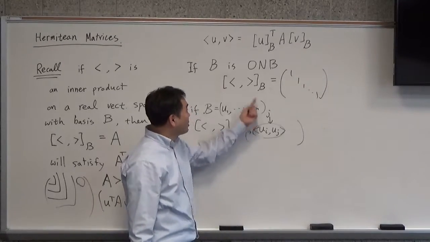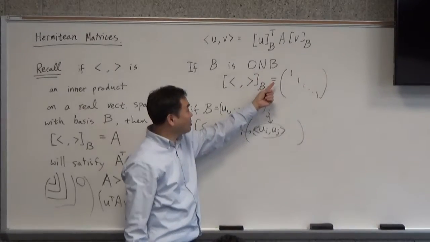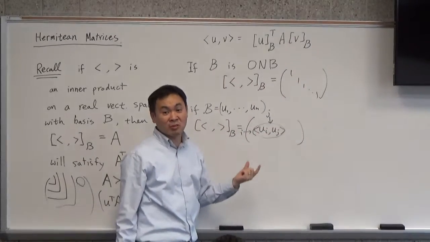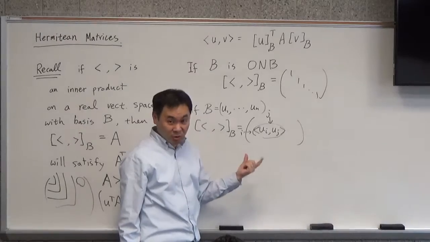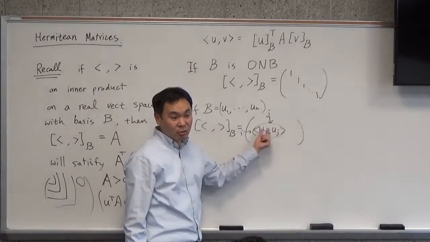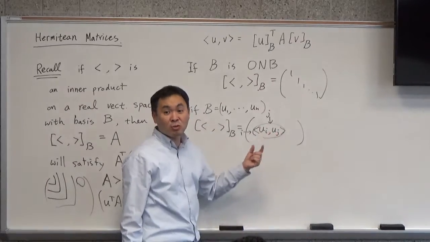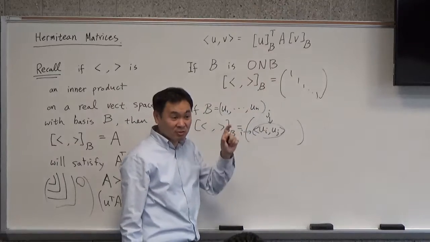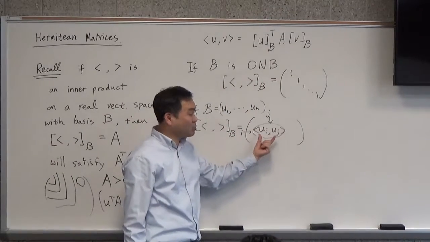But if it's an orthonormal basis, then any two basis vectors with different i and j are orthogonal, which means the inner product is 0. And if you do ui with itself, that's the norm squared, but the normalized vectors have size 1, so 1 squared will be 1.